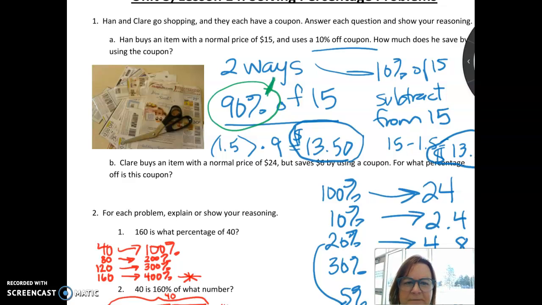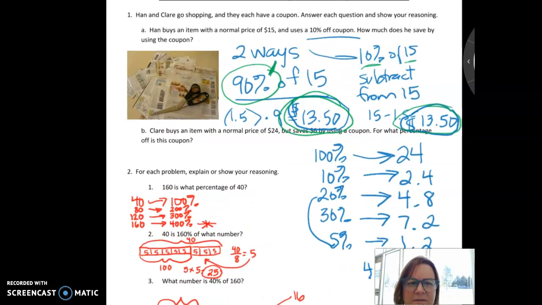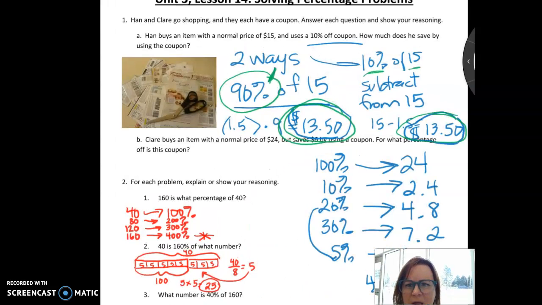And 90% of 15 is $13.50. Or another way we could do it is we could find 10% of 15, and then we could subtract that amount from 15. 10% of 15, of course, is $1.50, and if we take $1.50 away from 15, we also get $13.50. So either way works.